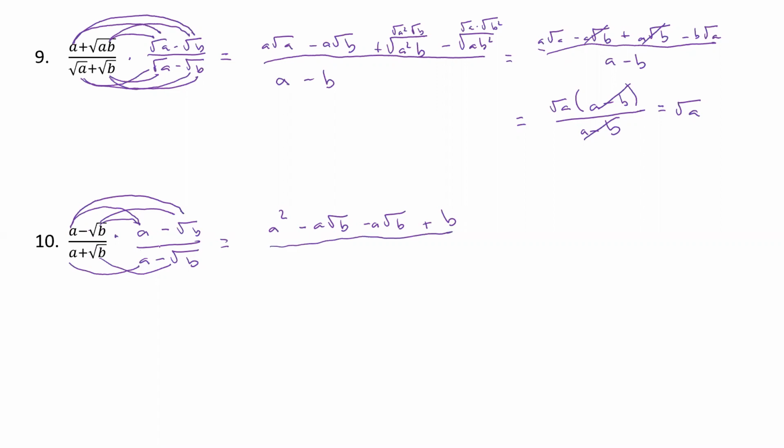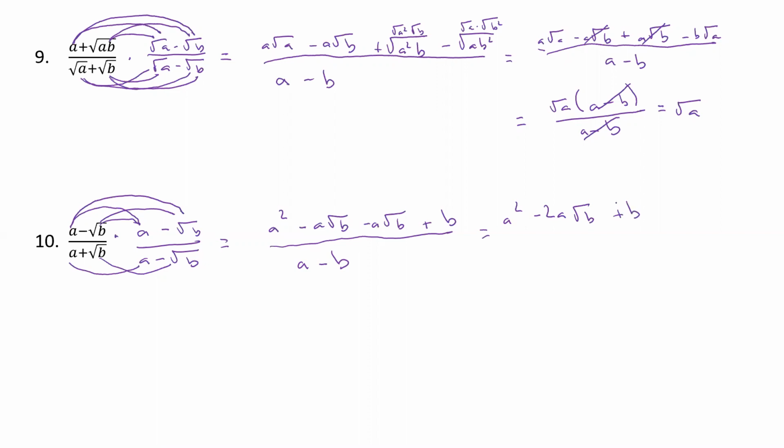Now I have a times a is a squared, and the square root of b times the square root of b is going to give me just b, and I remember it's going to be a minus, and so I have a minus b here. All right, so what do I have now? Well, now I've got a squared minus 2a square root of b plus b.